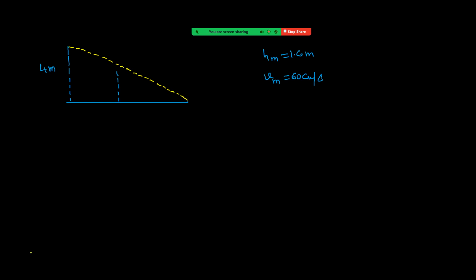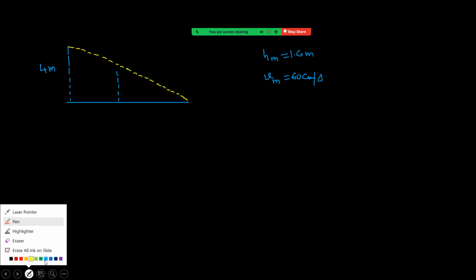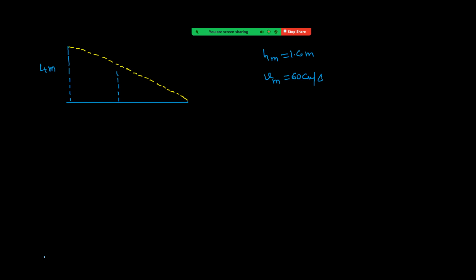Let us now consider this is the head of the person. So the shadow will be at this point. We have to find the velocity of that point with respect to the person.